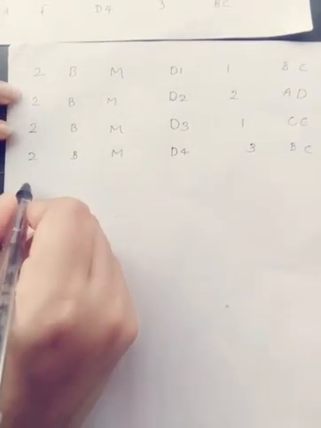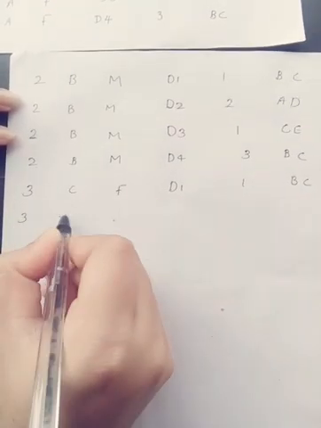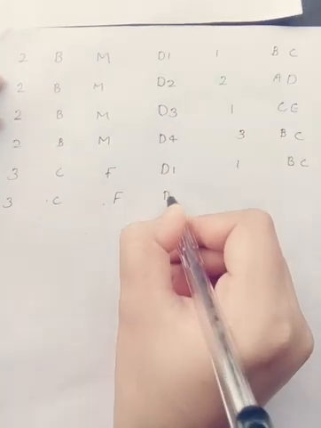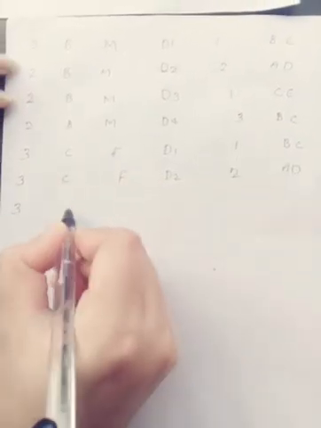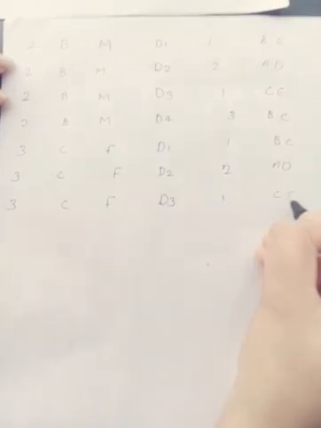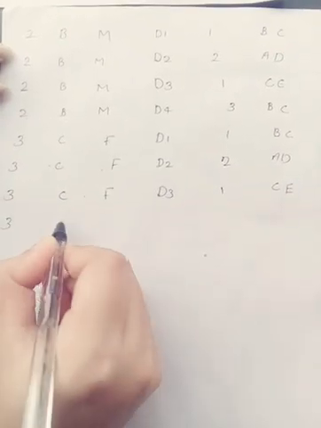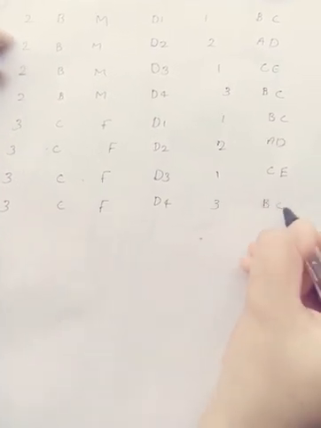Again the third row: 3 C F D1 1 BC, 3 C F D2 2 AD, 3 C F D3 1 CE, 3 C F D4 3 BC.